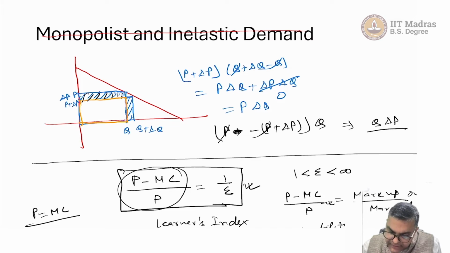Ability to set price above marginal cost. A firm operating in a perfectly competitive market has absolutely no market power, because price has to be set equal to marginal cost. A monopolist has market power, and the firm derives that market power because the demand curve is downward sloping. It has some price elasticity of demand.